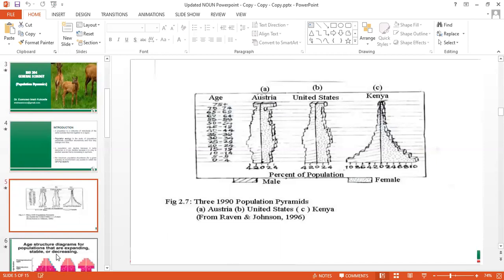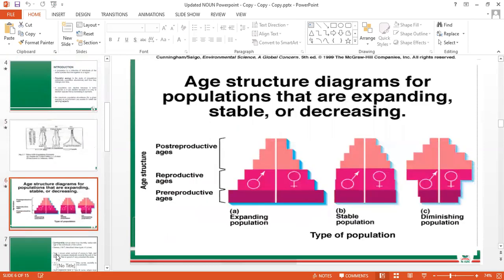The A, B, and C. It's just an explanation of the other chart that was shown in terms of post-reproductive, reproductive, and pre-reproductive situations, where the pre-reproductive population is high.